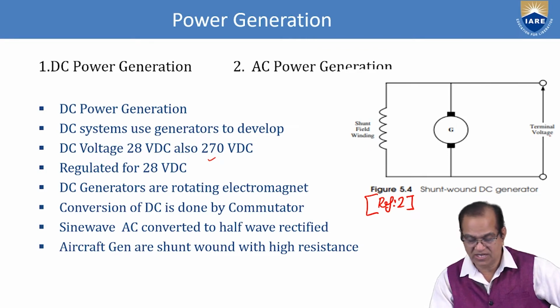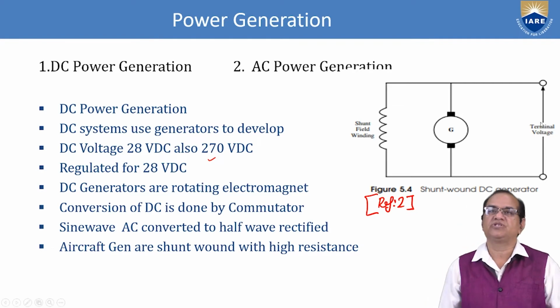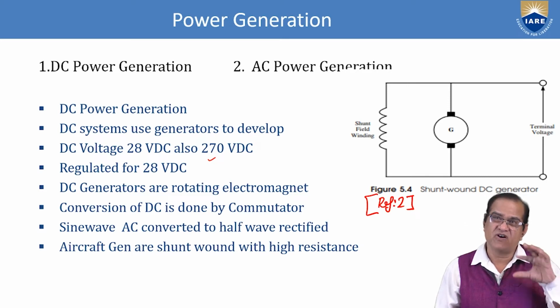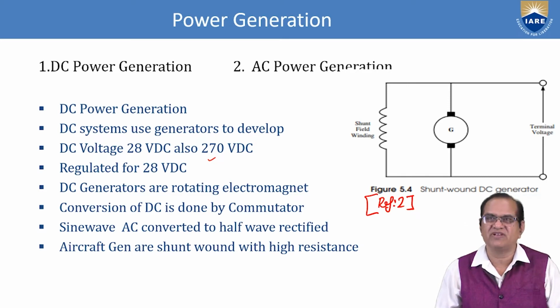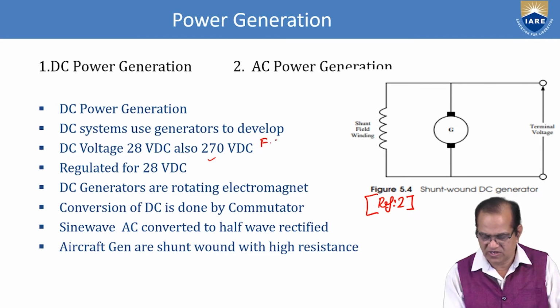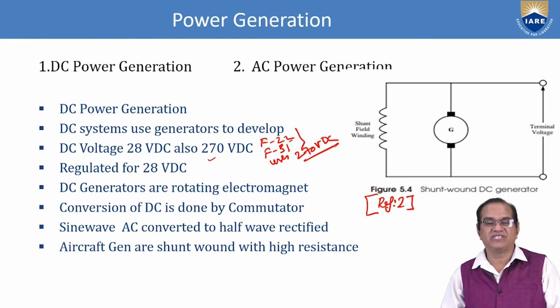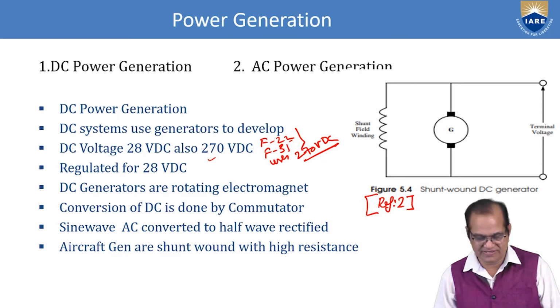Here we have the terminal. In DC power generation we generate 28 volt DC. However, for some US military aircraft, especially the F-22 and F-35, 270 volt DC is used. This I have discussed in my previous classes.